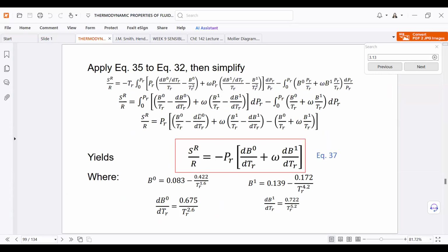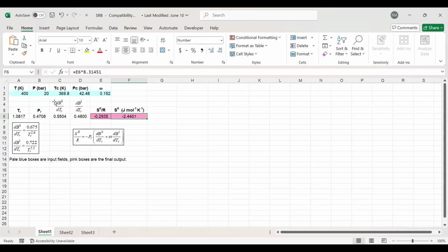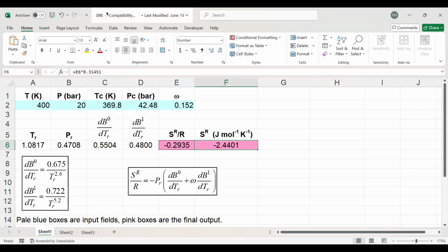But since this is homework, to check my answer I would use this, which is part of the calculators available. So SRB. I just input the inlet pressure, because that's the real gas. The outlet is an ideal gas. With the properties of propane, we get the value for S1R. So let me write that.